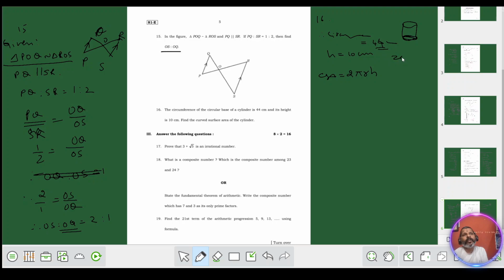That is 2 pi r is 44 centimeter and h is 10 centimeter. So instead of 2 pi r, we can substitute 44 into 10, 440. What is the unit here given? Cm. So cm square. So you can write here 2 pi r is equal to 44 centimeter.